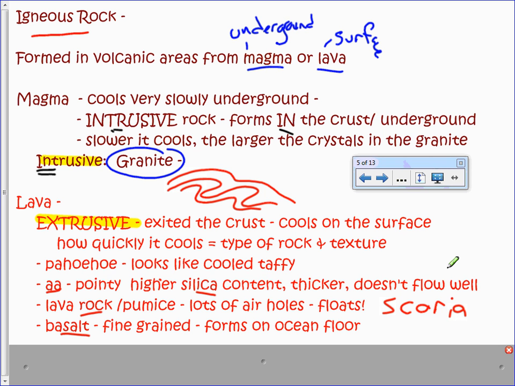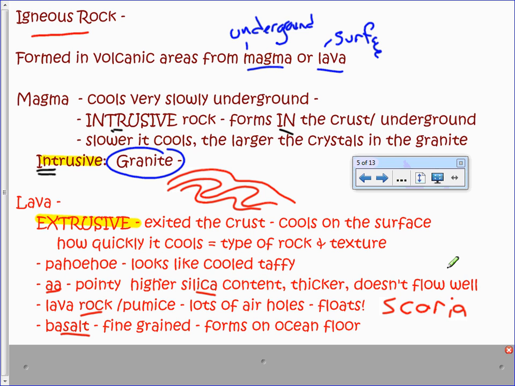This has a conchoidal, flat fracture. And you can see that it would be easy. People made blades, knives and stuff out of obsidian because you can get a very, very sharp edge. And you do actually have to be careful because you can cut yourself on the edges of the obsidian rocks. So that's volcanic glass, also a volcanic rock.